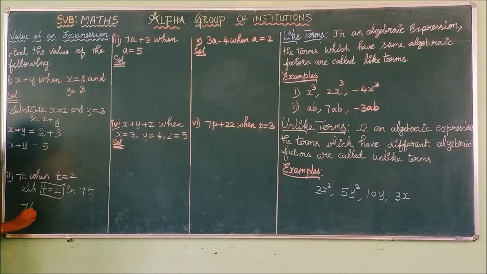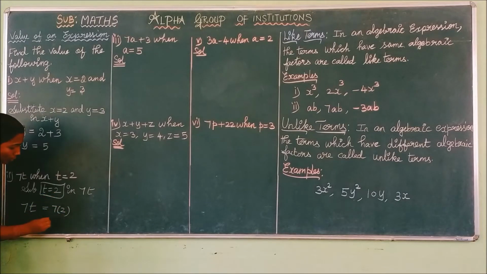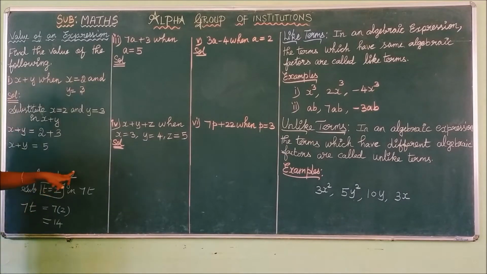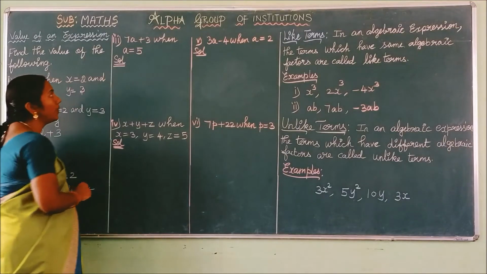So 7t is equal to 7 into 2. 7 twos are 14. So the value of the given expression 7t at t equals 2 is 14. Do you understand? See the next one.